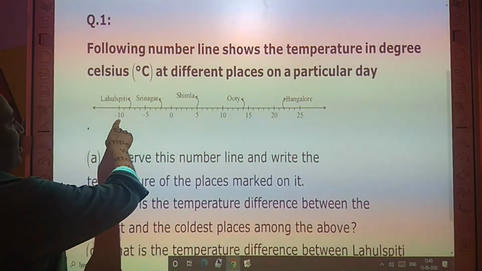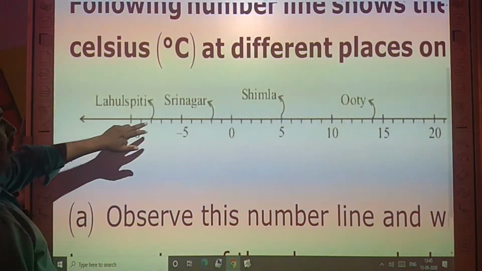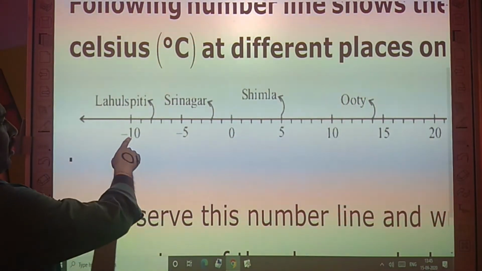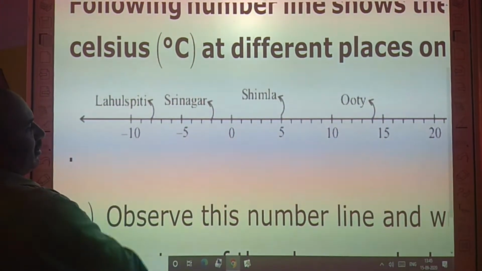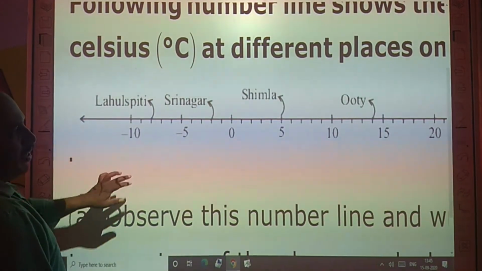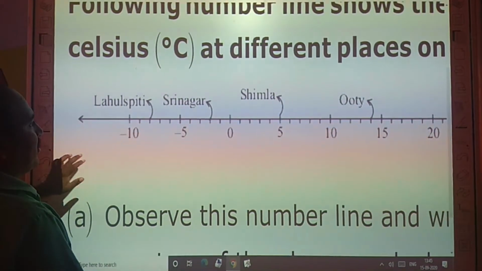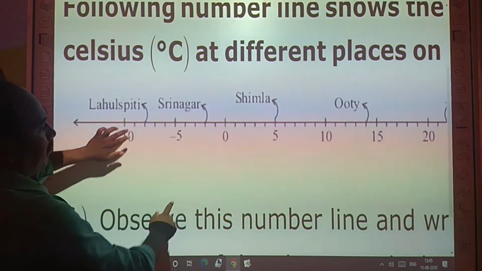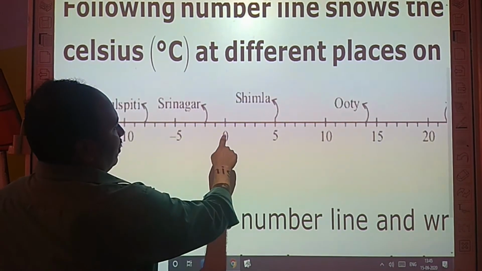The first place is Lahul Spiti. The temperature is minus 8 degrees Celsius. And then the second place is Srinagar. Here 0 is the center bar.